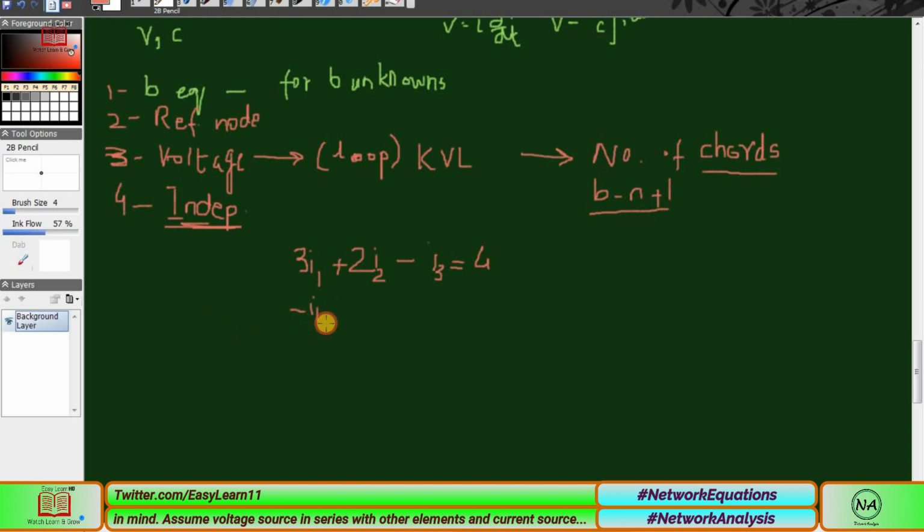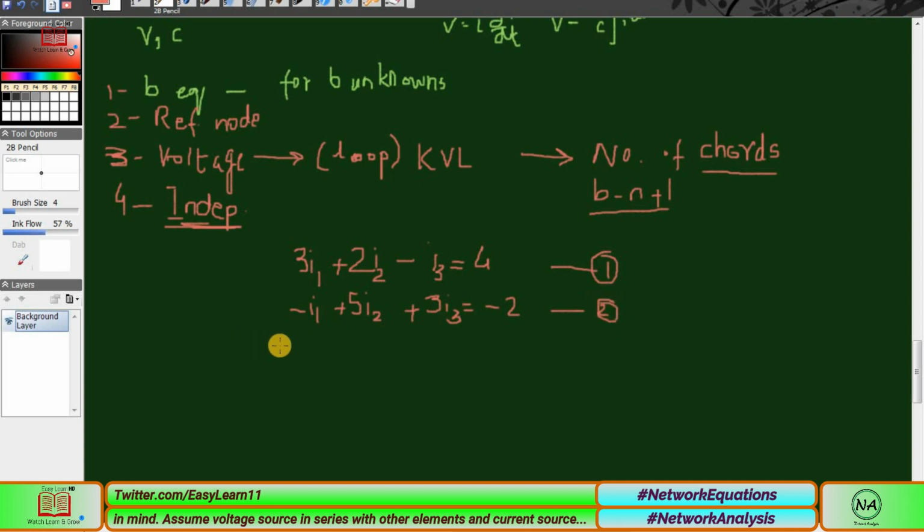Minus i1 plus 5i2 plus 3i3 is equal to minus 2. This is our equation number 2.